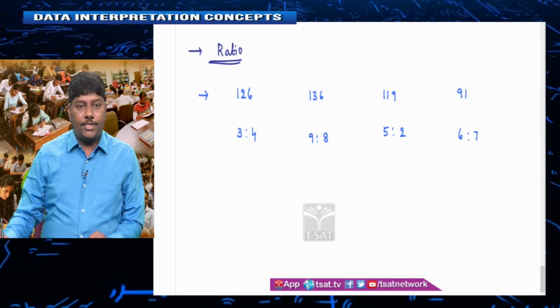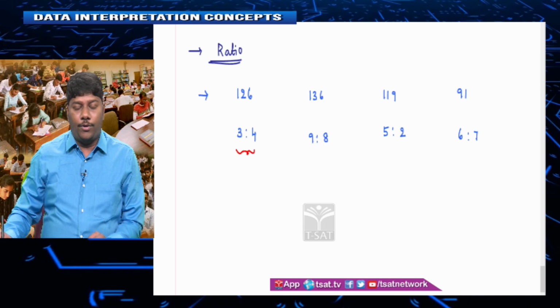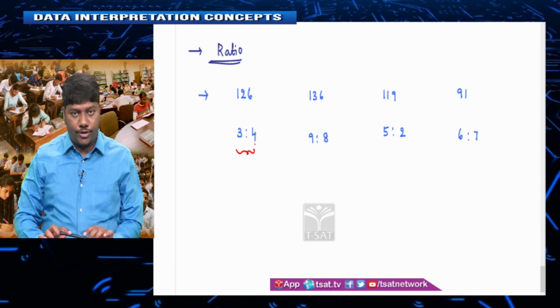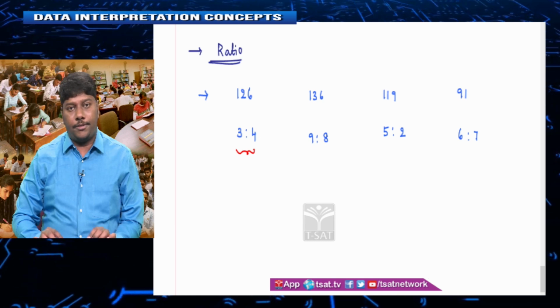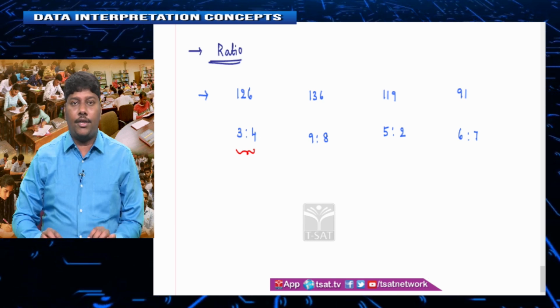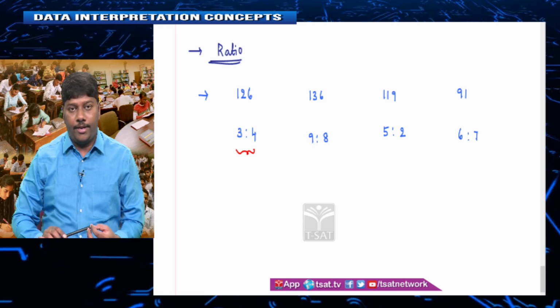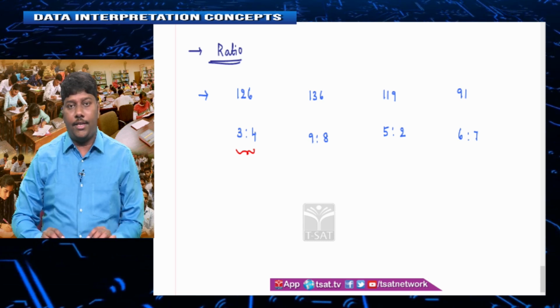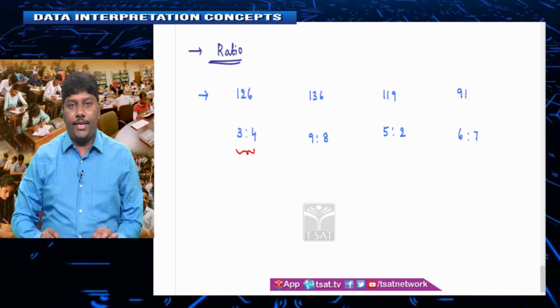So, without wasting time, in mind always assume 3 plus 4, there are 7 parts in this ratio. These 7 parts is equal to 126. When 7 parts is 126, you should be able to factorize the given number 126 quickly. 126 is actually 18 sevens or 14 nines. Here, the suitable one is actually 18 sevens.